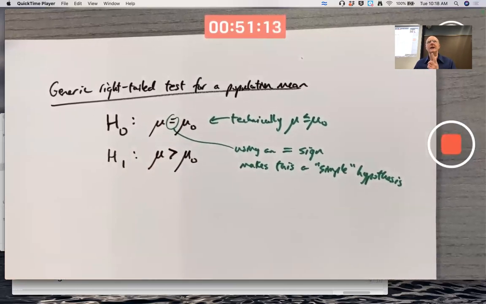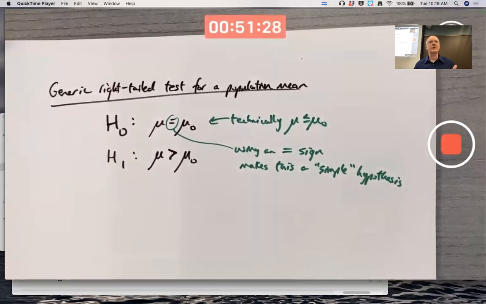And remember what we did. There were two approaches. One approach was to find something called the p-value of the test. That's called significance testing. And remember in general what the p-value was. I'll just describe it in words.